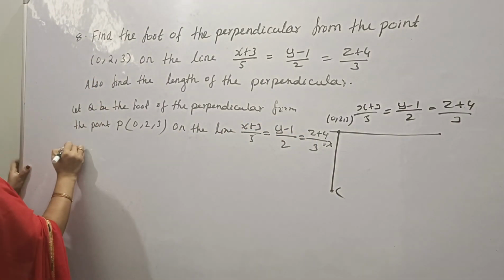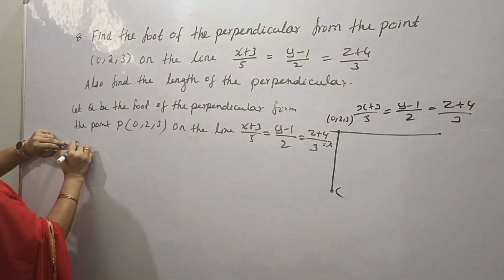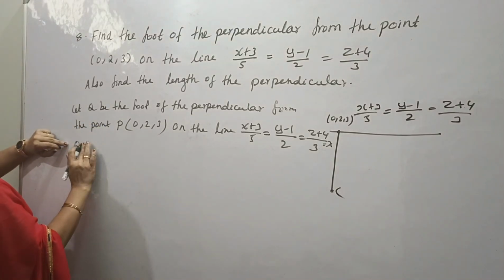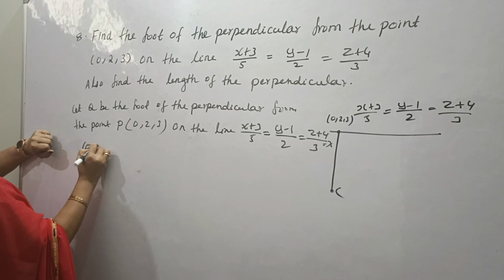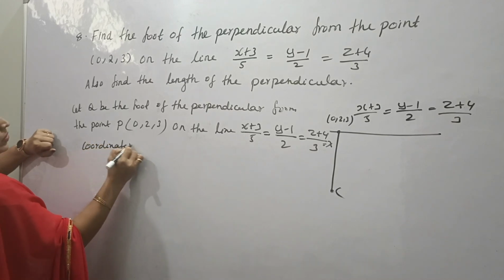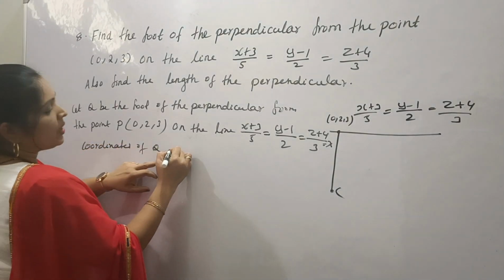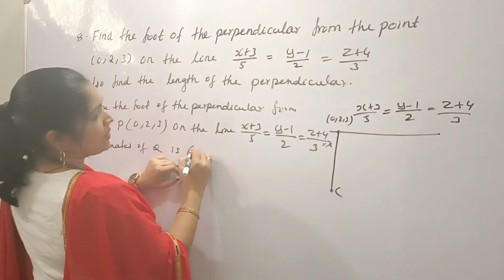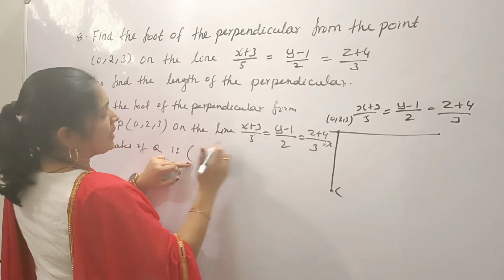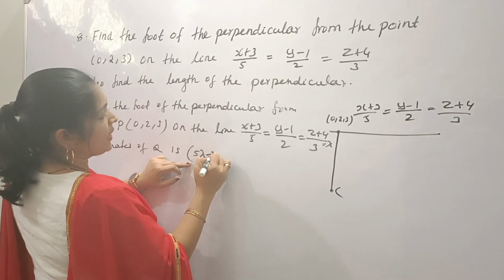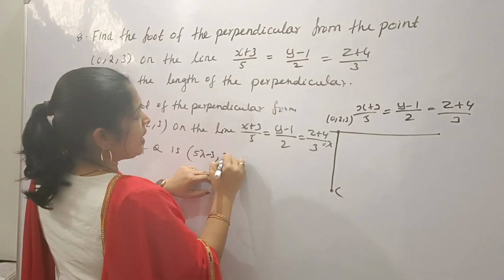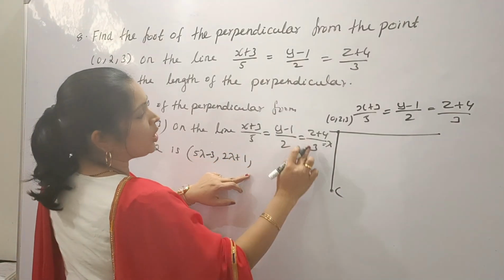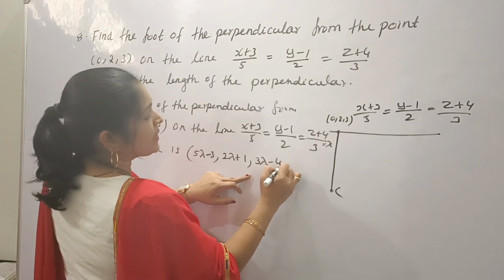The coordinates of Q are: x coordinate is 5 lambda minus 3, y coordinate is 2 lambda plus 1, z coordinate is 3 lambda minus 4.